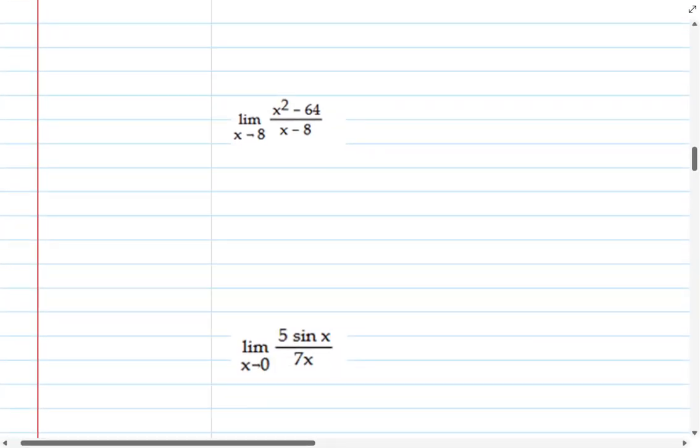Now we have this problem right here. Again, it's approaching 8, and 8 would make it 0 because we know x cannot equal 8 for this rational function. So we're going to factor this.